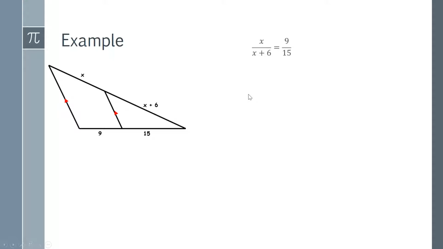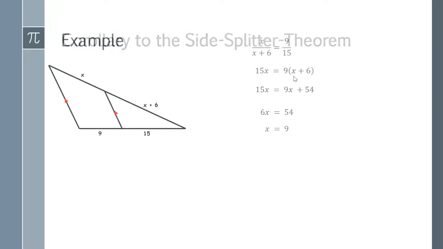So from here, we're going to take our cross products. 15 times x is 15x, and then 9 times x plus 6 right here, we're going to have to apply the distributive property to get 9x plus 54. So now we're going to subtract 9x from each side to get 6x equals 54, and then finally we're going to divide by 6 to get x equals 9. So that's how the Side-Splitter Theorem is applied.